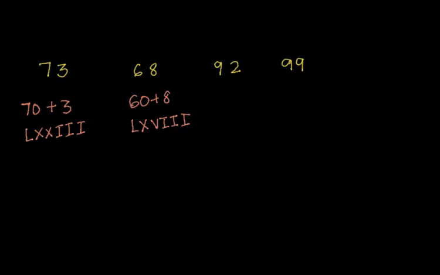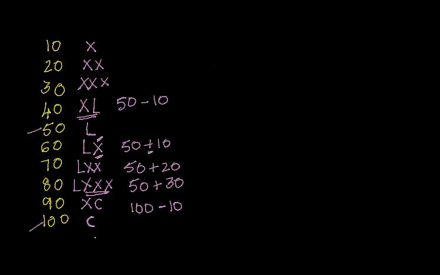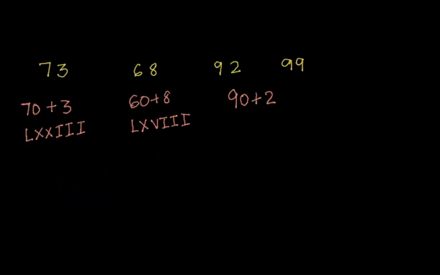90, we split it as 90 plus 2. Let's go back and see how did we write 90. We wrote it as XC. It's a plus, so we add 2 to it. 90, we can split it as 90 plus 9.